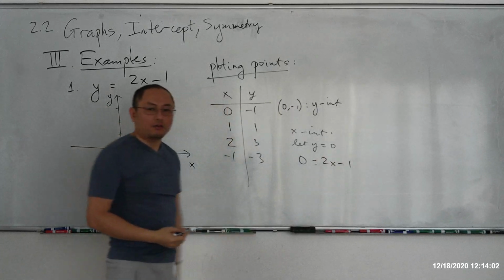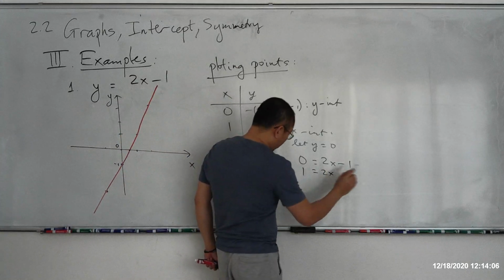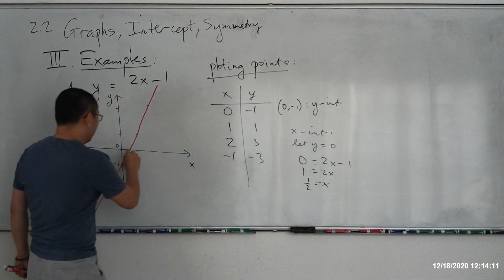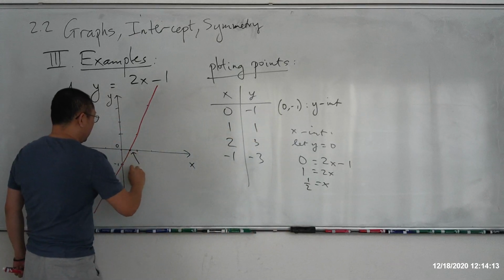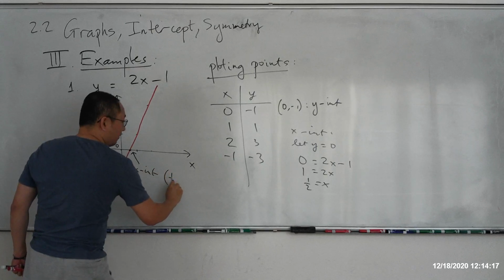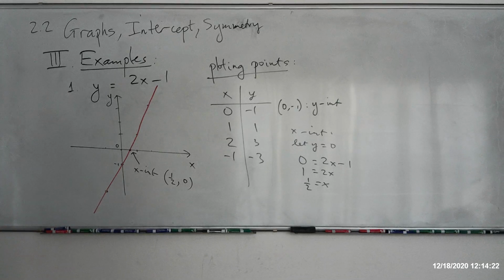Of course, I can solve for x from here. Add the 1 on both sides, I get 1 equal to 2x. Divide by 2, I get x equal to 1/2, which is 0.5. So the point right here is the x-intercept: 1/2 for x and 0 for y. You've got the intercepts.